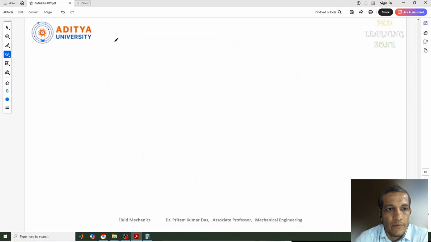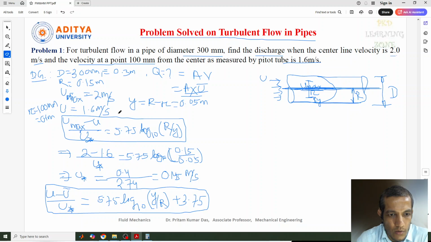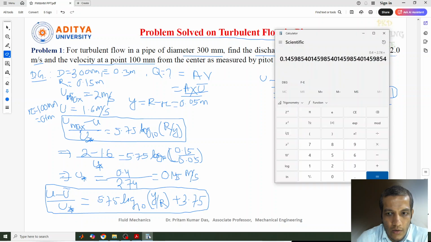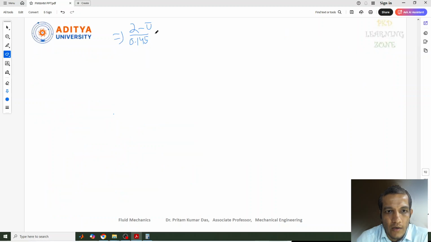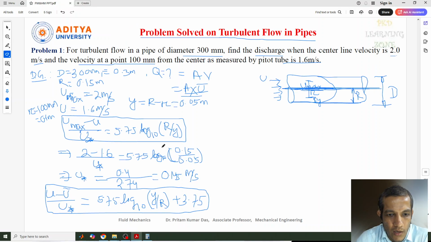So let's write: 2 minus u bar divided by u star, with u star 0.145, equals 5.75 log 10 y by r.